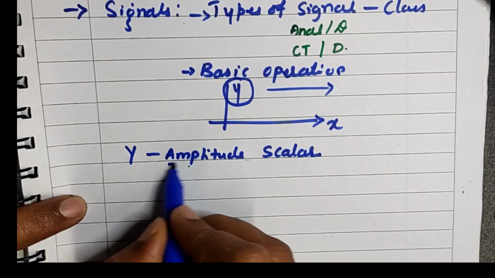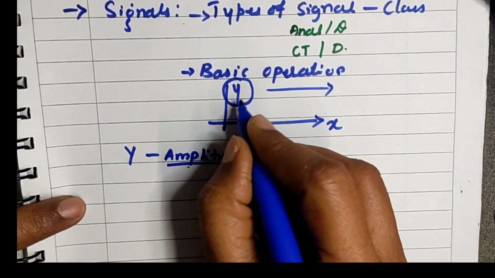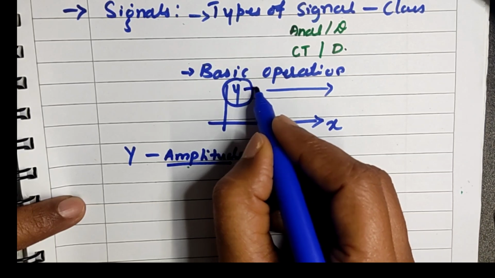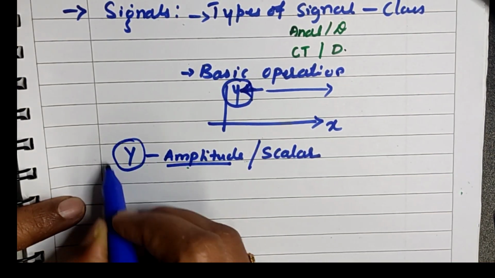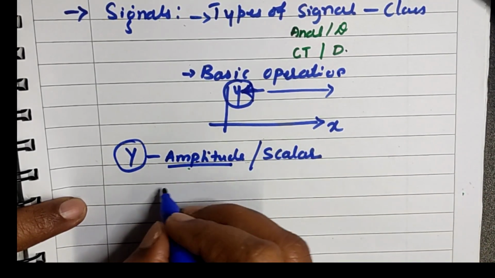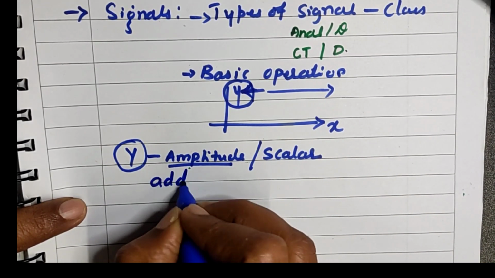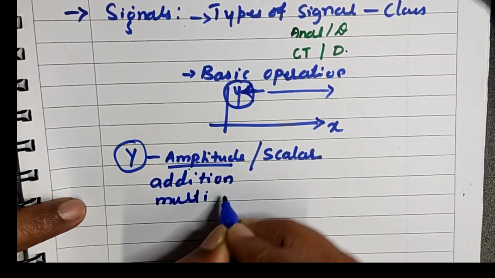It is nothing but the signal being varied with respect to the y-axis, which is your scalar quantity. So with respect to y, you can have addition, subtraction, and multiplication.